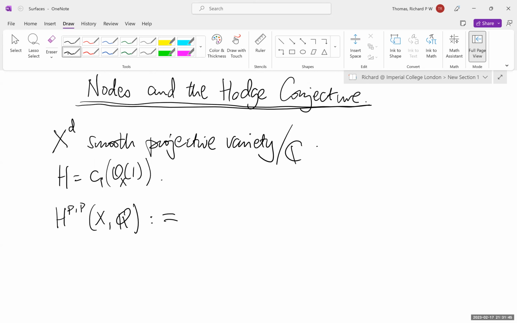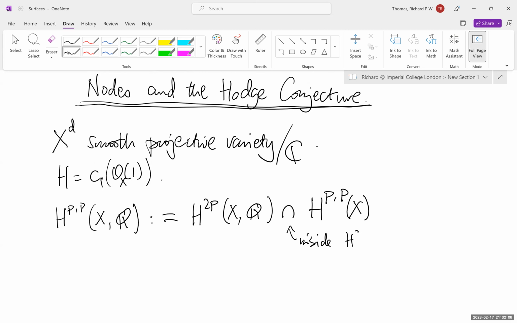So this is the rational cohomology in degree 2p intersected with the (p,p) part of the complex cohomology. So this is an intersection inside H^{2p}(X) with complex coefficients.